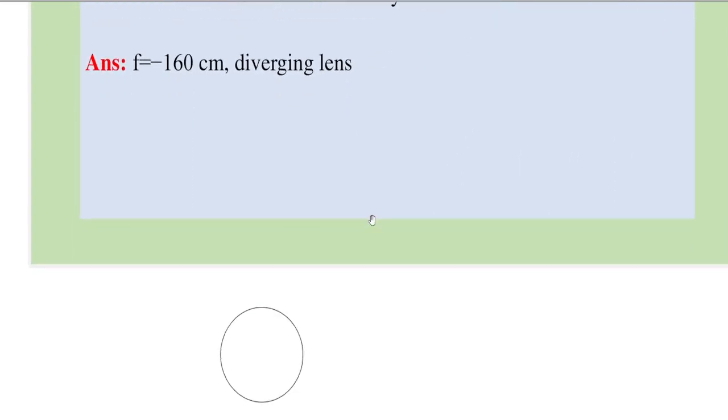Now, what is given here is that this person with a defective eye can see only up to a distance of 80 centimeter. So the far point for this person is 80 centimeter. This person cannot see anything beyond 80 centimeter. But the question says a normal person can see up to 160 centimeter.